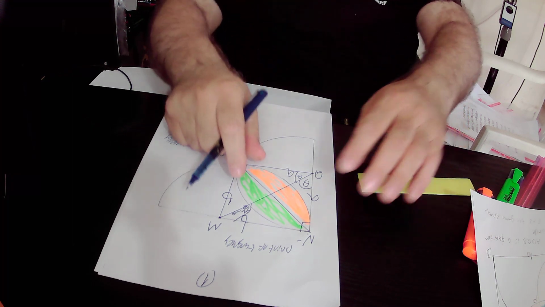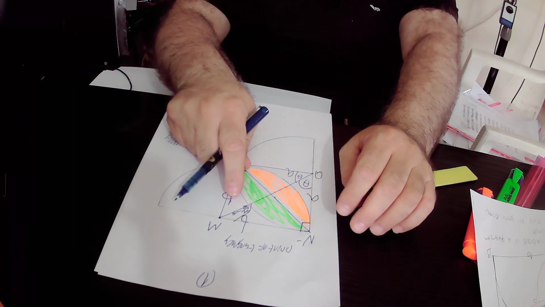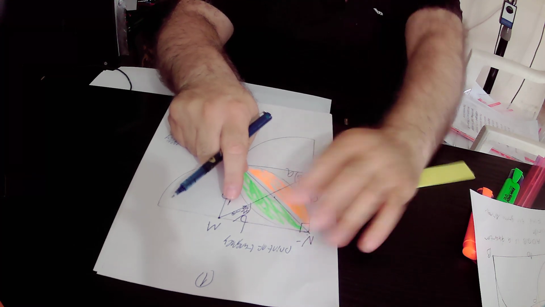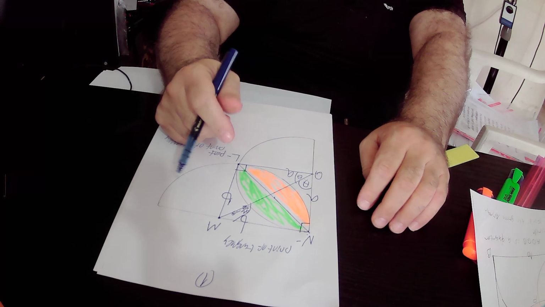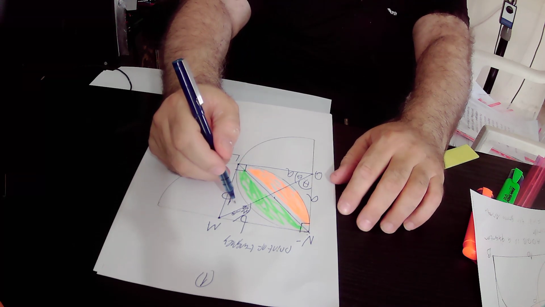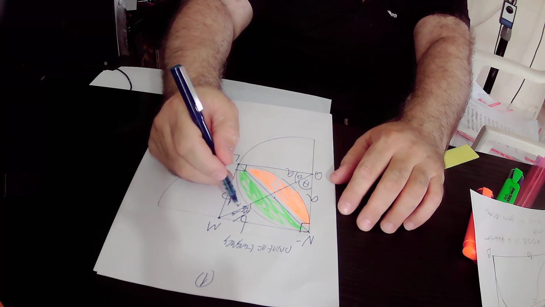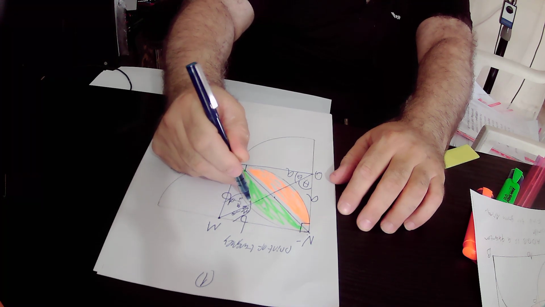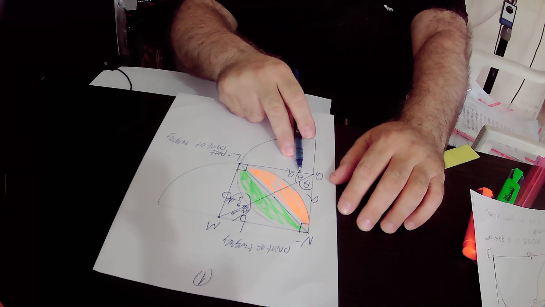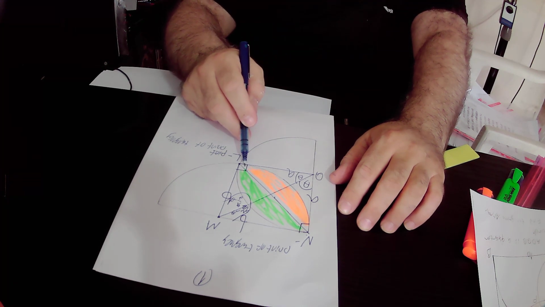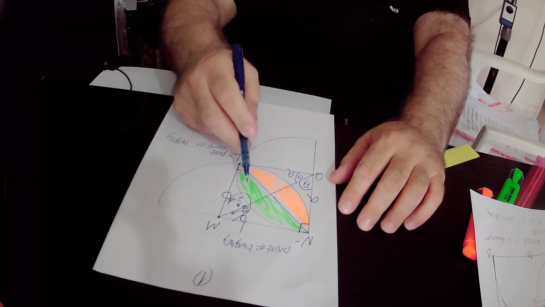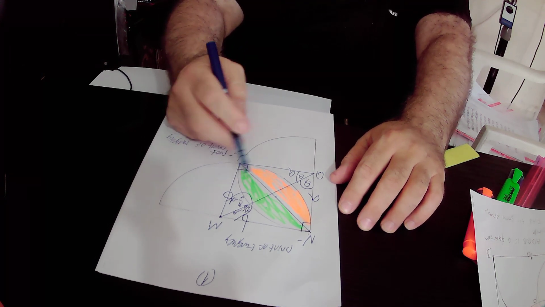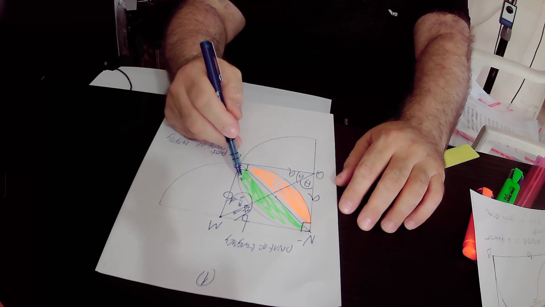And those two triangles are congruent, therefore those two angles must also be equal to each other. So this angle must also equal pi over 2 minus theta. Anyway, you can see that this angle equals theta, this angle equals 90 degrees, that is pi over 2, and so this angle must equal pi over 2 minus theta in order to complete the sum of the angles in this triangle to 180 degrees.